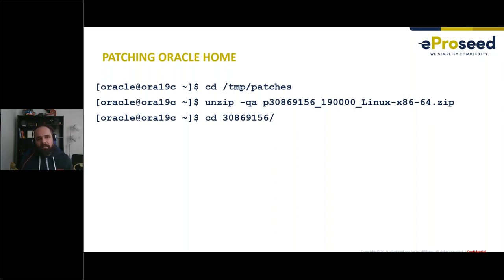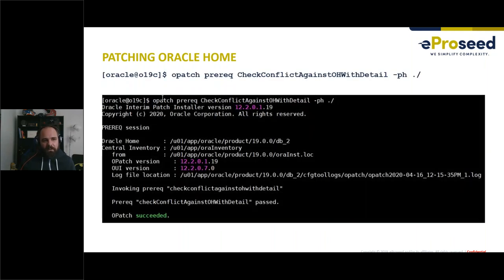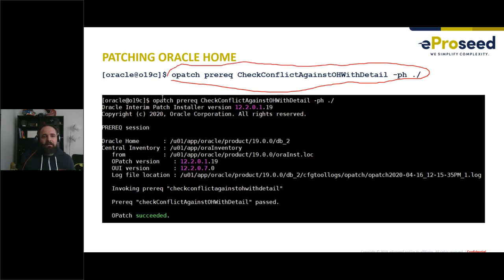It's easy when you do a plan. You just need to unzip the file, go to the unzipped folder, unzip the patch, go to the unzipped folder, and then check it. It's a good idea to run the pre-check of conflicts again on your Oracle local machine, because maybe somebody else applied a conflicting patch during your planning and apply phases.